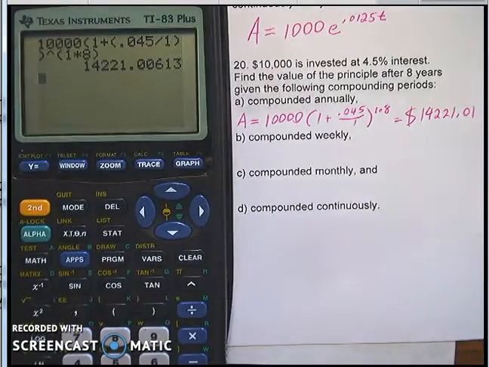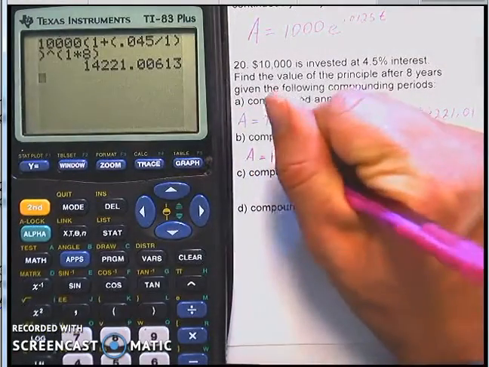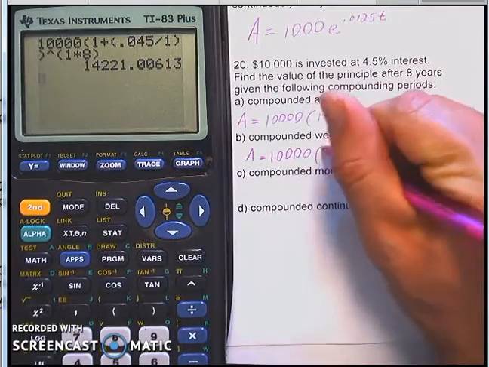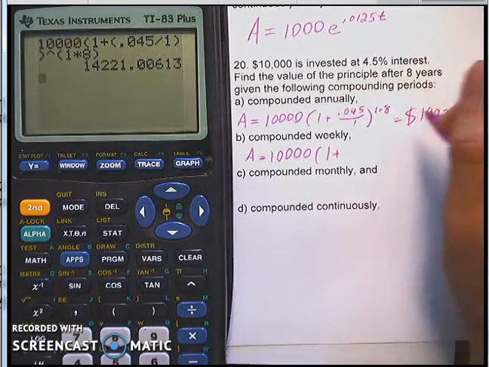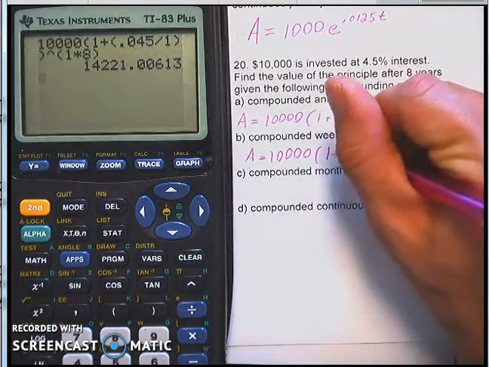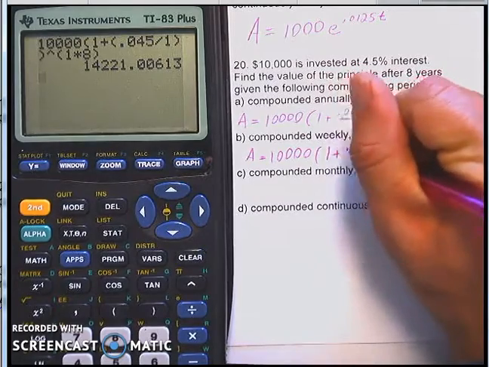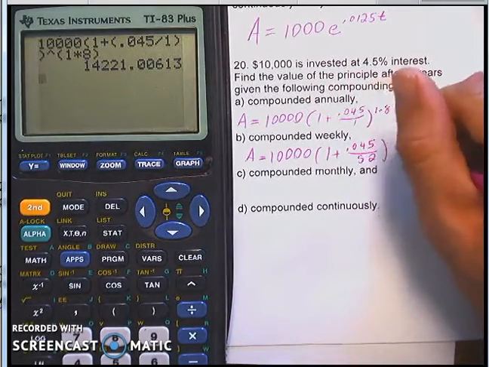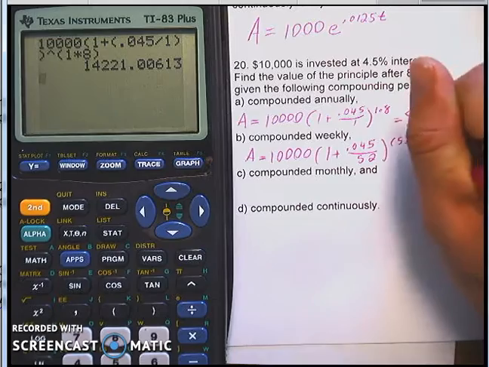Now, if it's compounded weekly, we're just going to modify the equation slightly. Instead of doing ones in there, we're going to divide by how many weeks there are in the year, which is 52. I'm going to raise it to the 52 times 8 power.